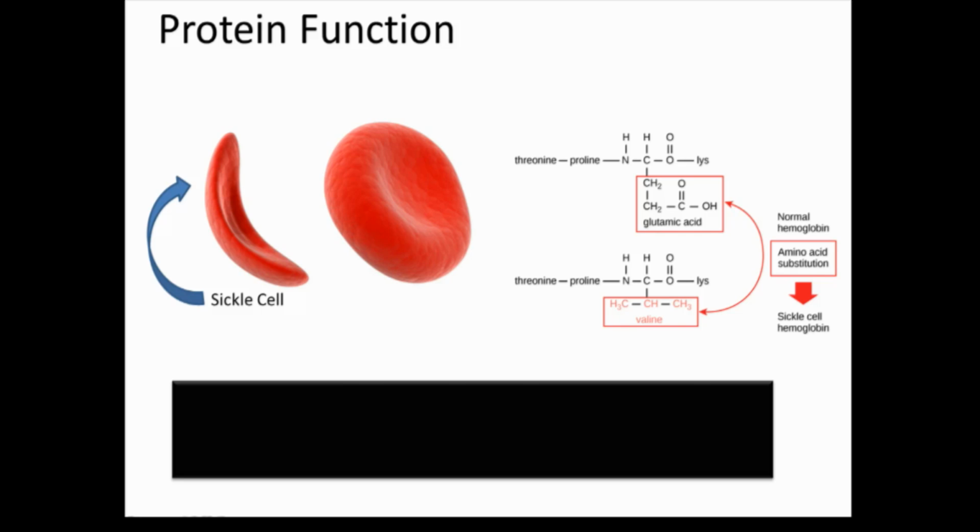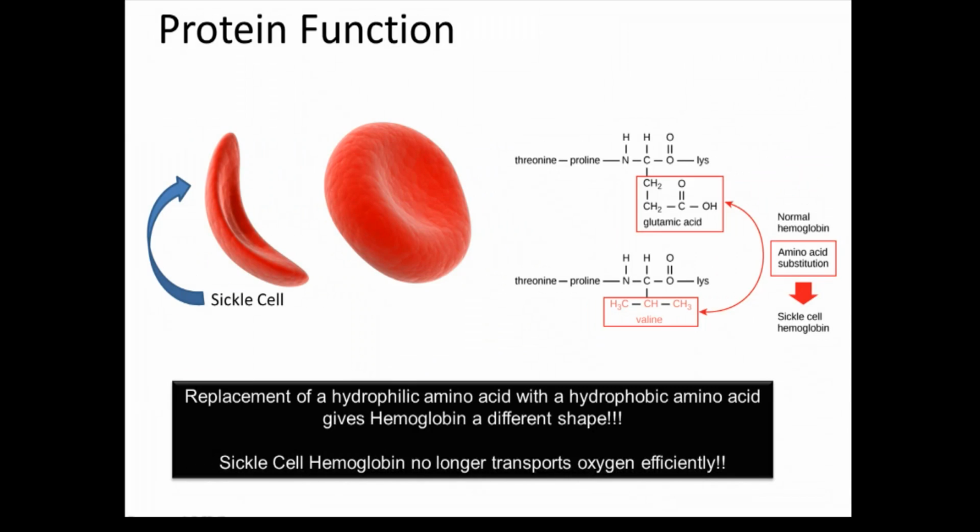It is rigid, it is in strands instead of a globular formation. So basically what happens is we replace a hydrophilic amino acid with a hydrophobic amino acid, which gives the hemoglobin a different shape. The sickle cell hemoglobin no longer transports oxygen efficiently.